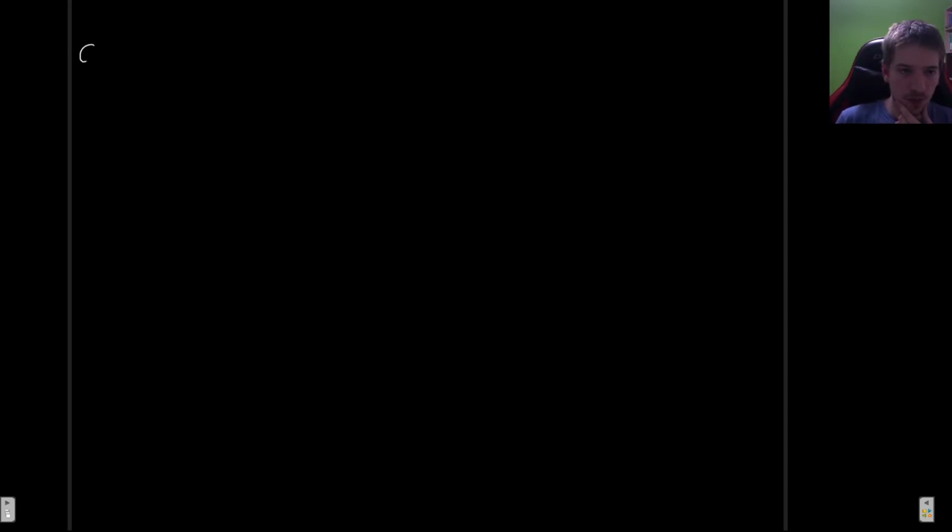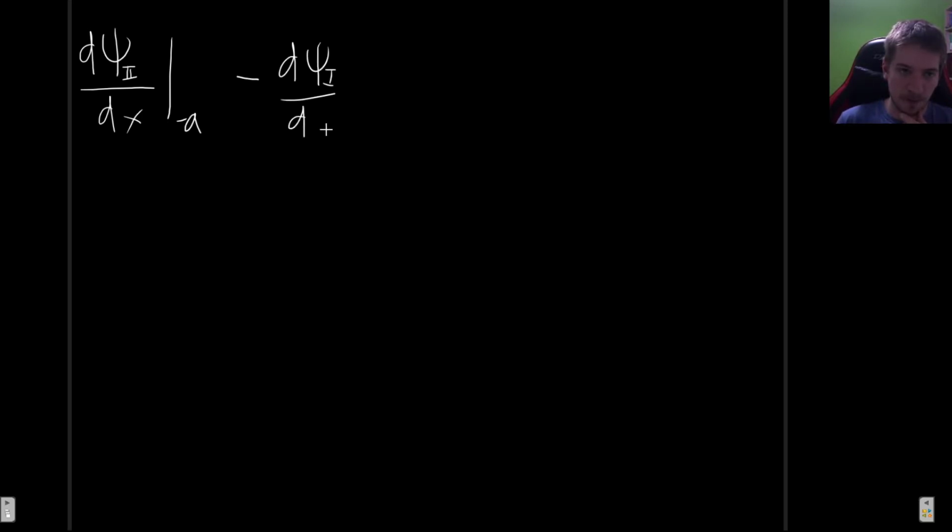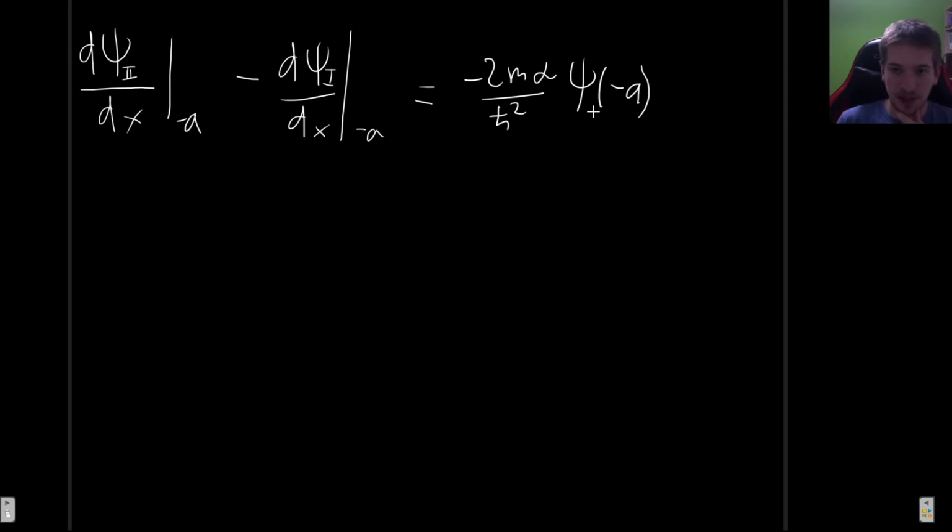So what we know from that is that, let's now take a look at what happens at x equals minus a. So the derivative of the second wave function, so in the second region, with respect to x, evaluated at minus a, minus the derivative of the first one, evaluated at minus a, has to be equal to minus 2m alpha divided by h bar squared times psi evaluated at minus a.